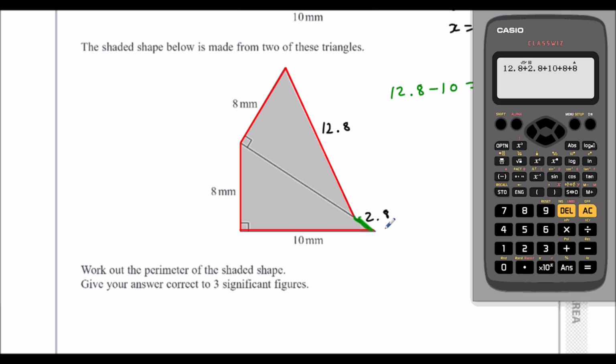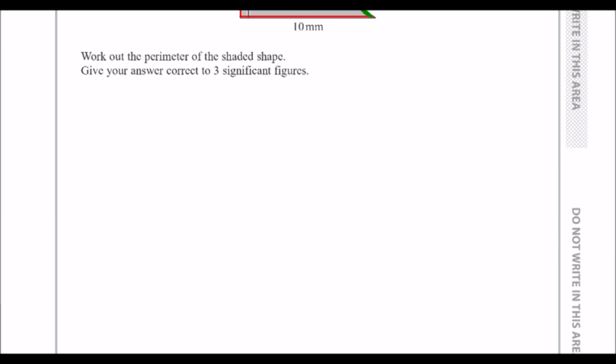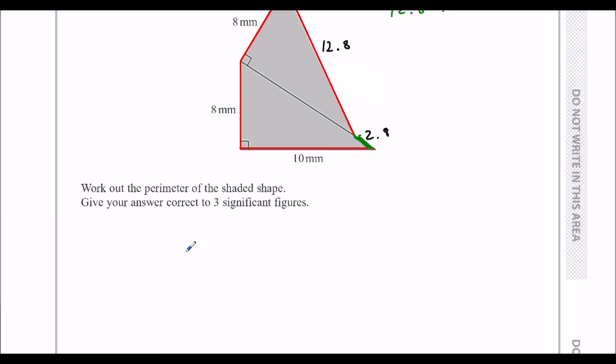So 12.8, 2.8, 10, 8, and another 8 is 41.6. So I'll write my working out here. So it was 41.6 millimeters.